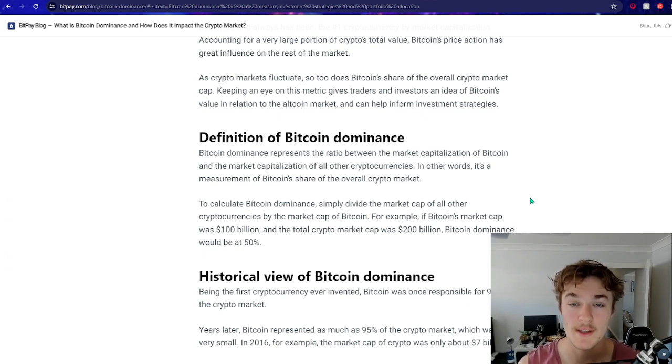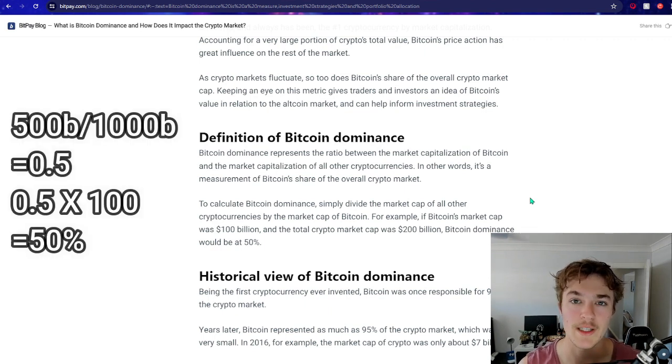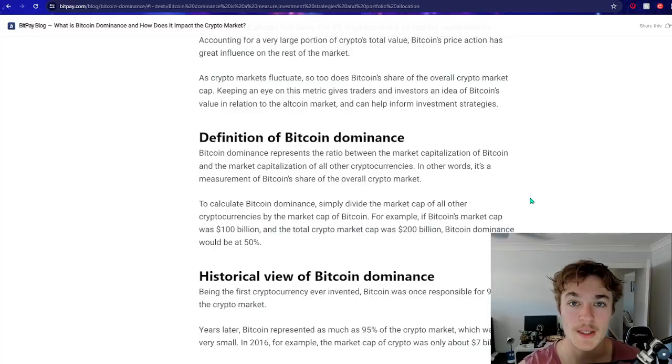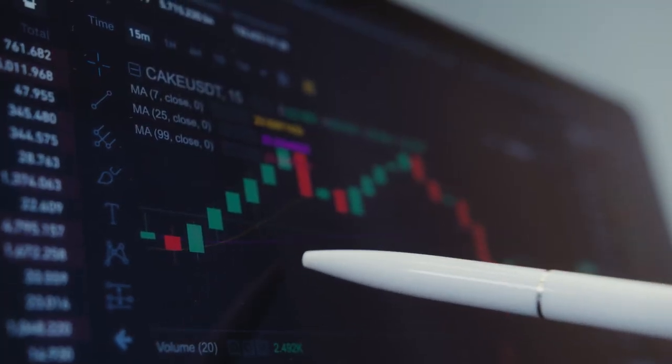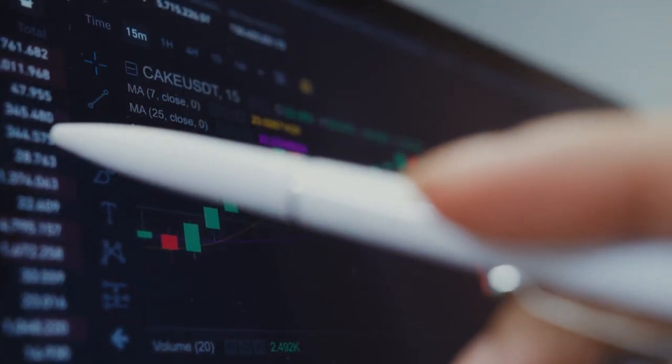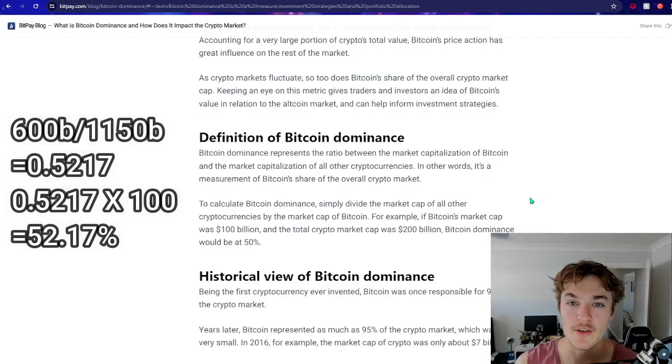Now, of course, Bitcoin's market cap is subject to change. Here's a hypothetical example. If Bitcoin's market cap is at $500 billion and the total crypto market cap is at $1 trillion, then Bitcoin's dominance is at 50%. But say hypothetically Bitcoin's market cap rose to $600 billion in the coming weeks, and the total market cap rose to $1,150 billion.